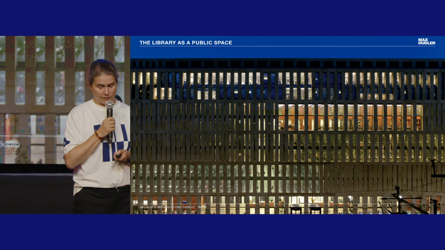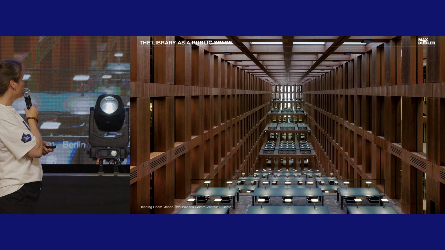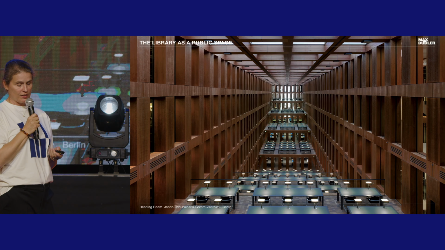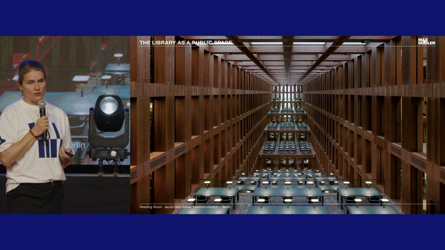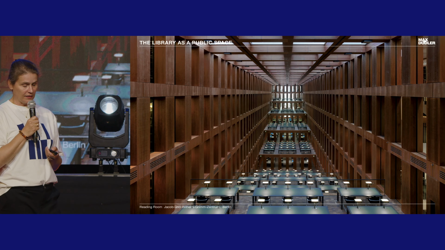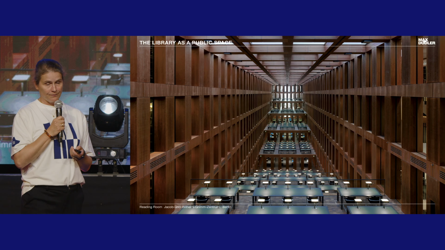And here you see it at night. And the main reading room, which is roughly 70 meters high. So this has become a place where the students in Berlin meet, and it's a very well-used room.